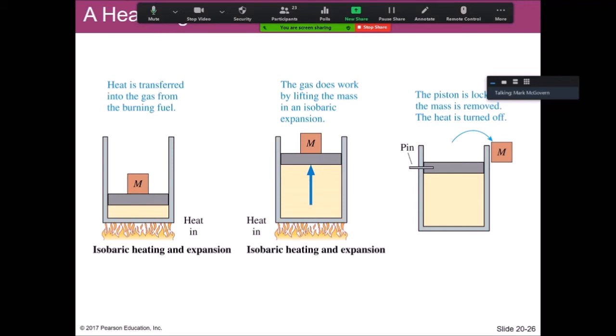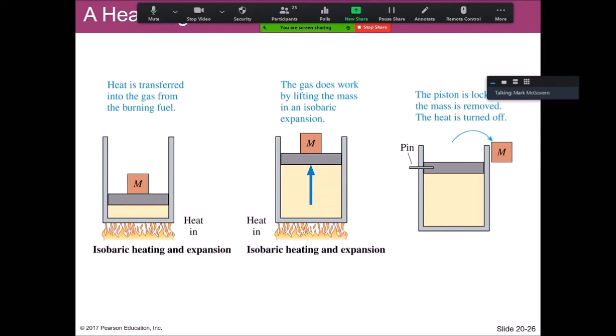So as heat is transferred to the gas, we see a volume expansion, right? Now, it's an isobaric process, so as you might remember, you're going directly to the right on your PV diagram.